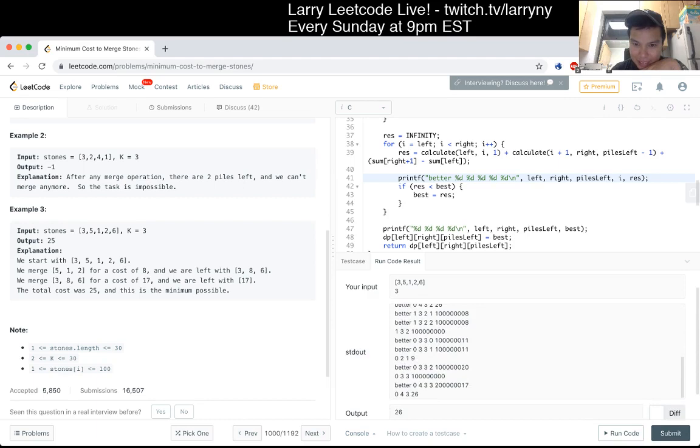Yeah, these are infinities. So we want to know, so 3 with 3 piles. This is infinity, that's interesting.